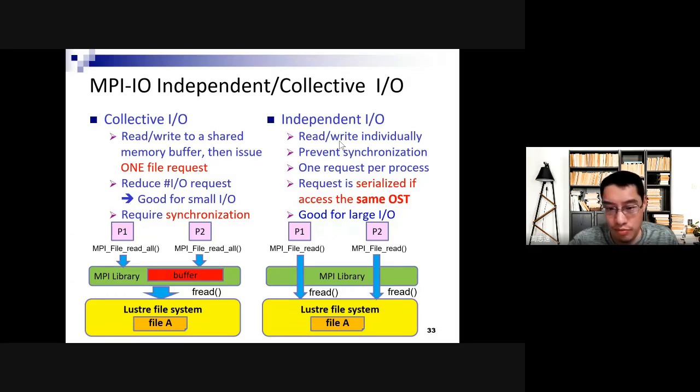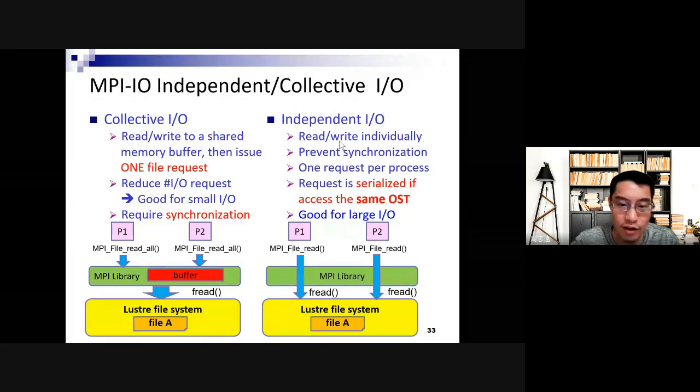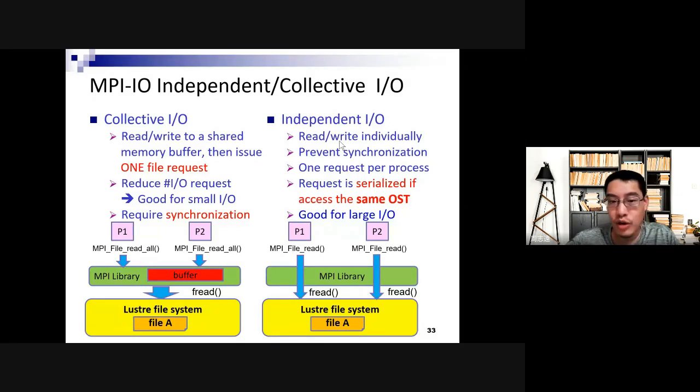But for collective I/O, all of them need to call the I/O call. If you don't want to read data, you can give the I/O size as 0. So it will read nothing, but still you need to make the call. Otherwise other processes will be hanging there.